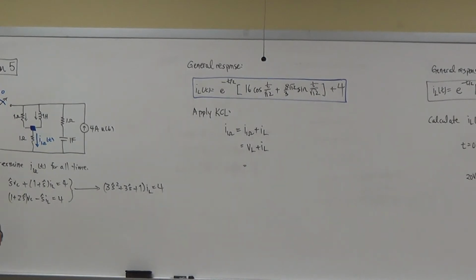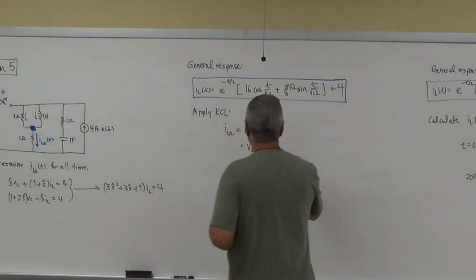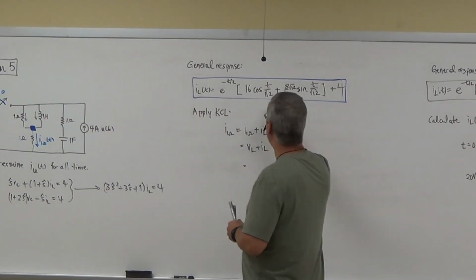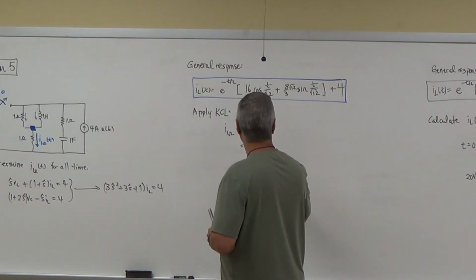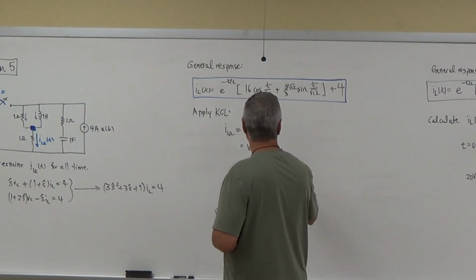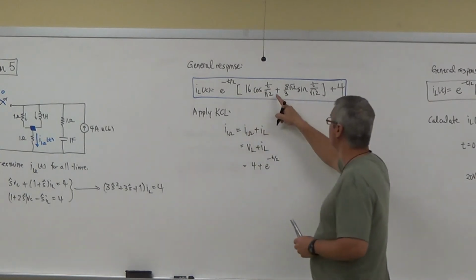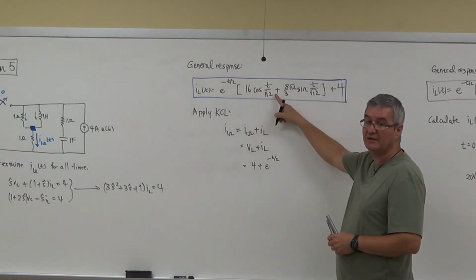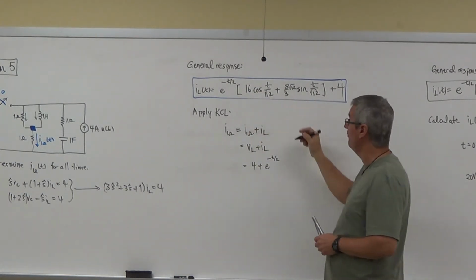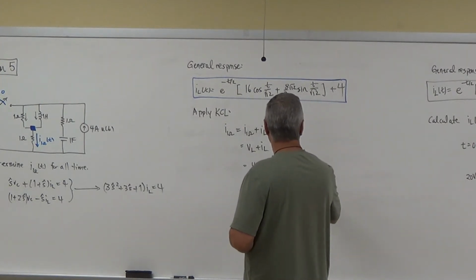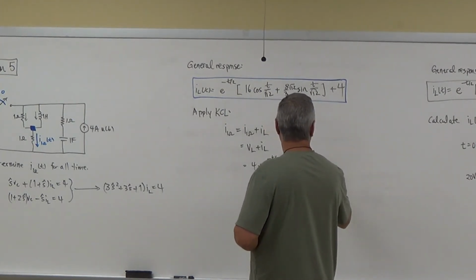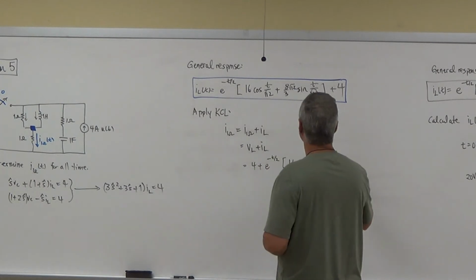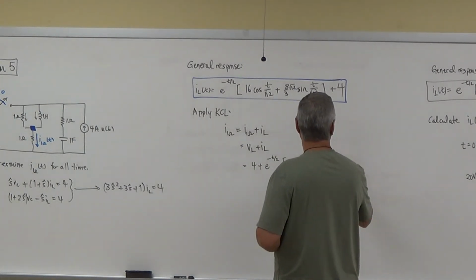Here I go. So the first thing, see that IL, I'm going to put right here. If I put that IL, it's got to be 4 plus e to the minus t over 2. So you see that 12? I'm just going to call it omega d, so I don't have to write the square root. So this is going to be the quantity 16 cosine omega d t plus 8 square root of 12 over 3.